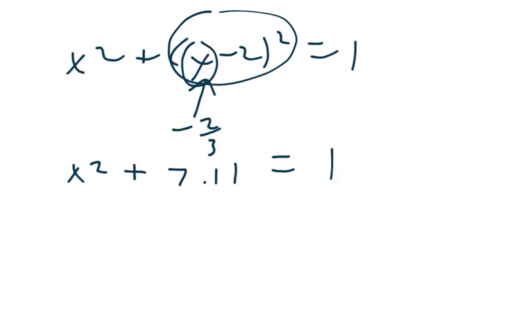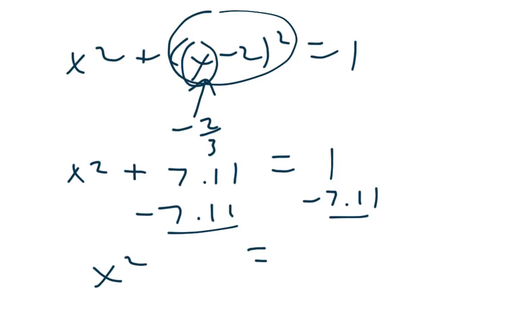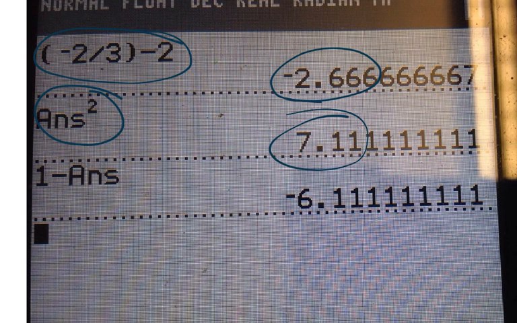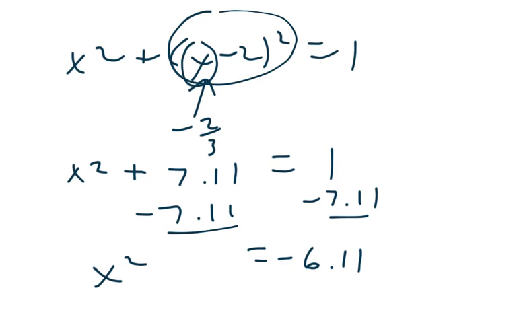And remember, I'm solving for x because I already know y, right? So minusing 7.11 from both sides, x squared is going to equal negative 6.11, because 1 minus 7.11 equals negative 6.11.